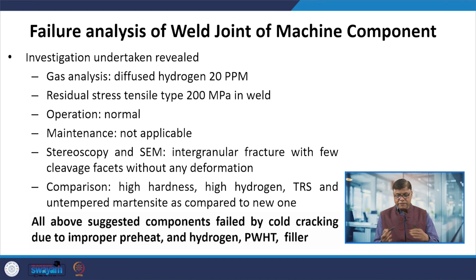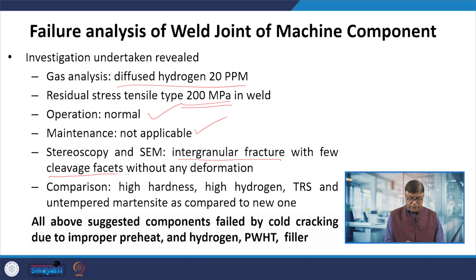Considering the fracture behavior, gas analysis was also carried out, and it was found that diffusible hydrogen in the weld was 20 ppm. Residual stress study indicated 200 MPa of tensile residual stress in the weld metal. Operation was normal, with no maintenance requirement, and stereoscopy and SEM indicated the intergranular fracture that is typically indicative of hydrogen-induced cracking, with few cleavage facets and without any sign of deformation.